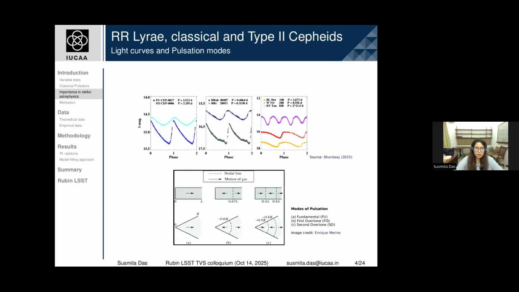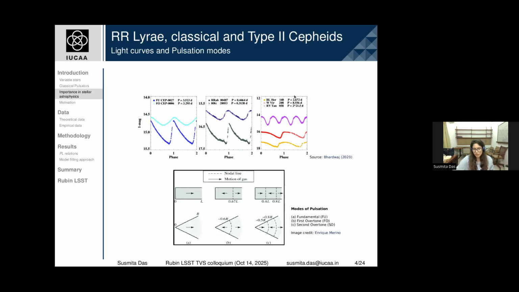So now, as we said, we have RR Lyrae, classical Cepheids, and type 2 Cepheids. RR Lyrae are pretty easy to distinguish because conventionally they have pulsation periods less than 1 day. Then we have classical and type 2 Cepheids, both of which have pulsation periods ranging from 1 to about 100 days.